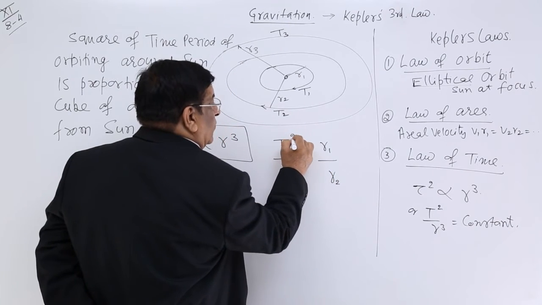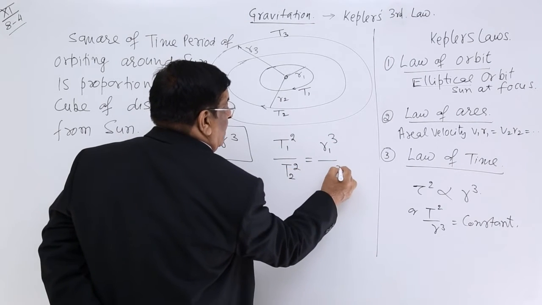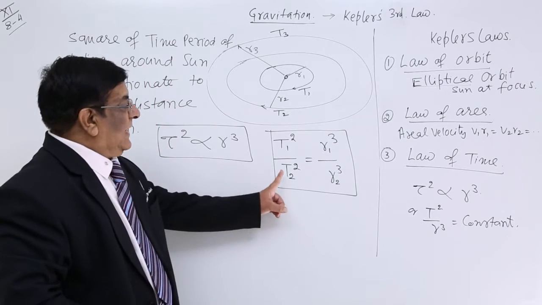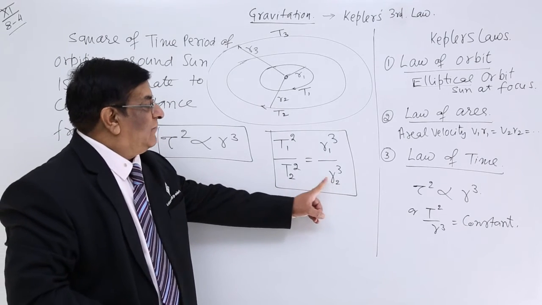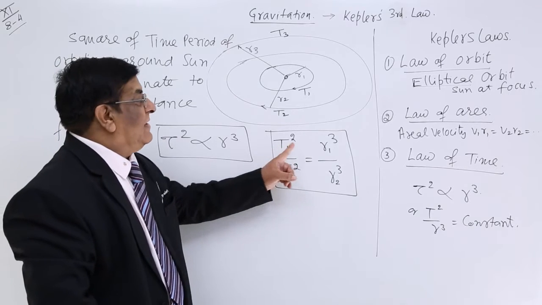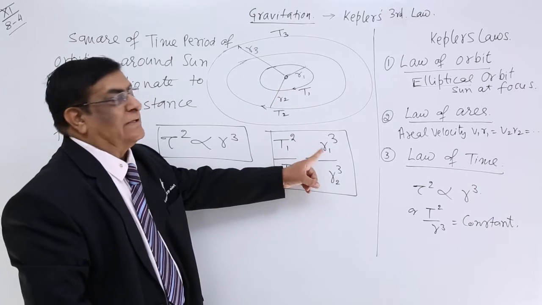So time will be squared and radius will be cubed. This is the ratio. So if we know the time period and radius of one planet and the time period of the other planet, then we can always find out the distance from the sun for the other planet.